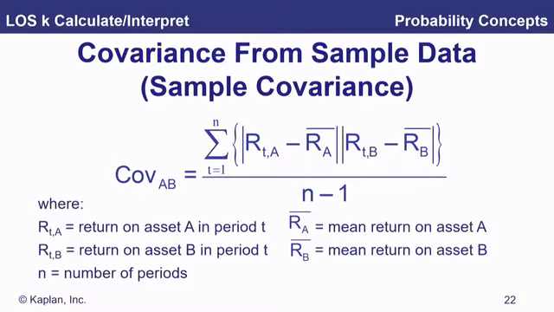If it were n, we'd be talking about the average product of the deviations from the mean, right? Our cross product there. Well, we use n minus 1, and that's really just a statistical thing. That does give us an unbiased estimator of the true covariance, so that's why we do it.